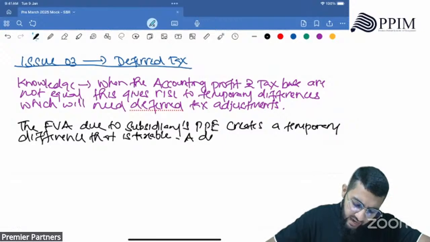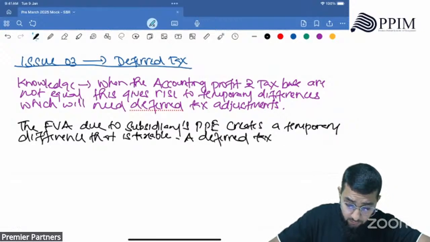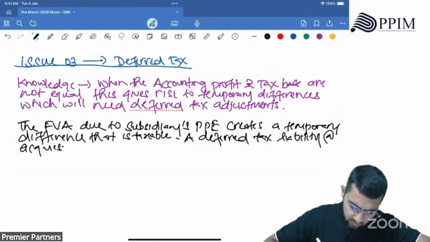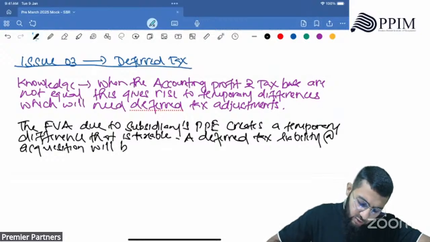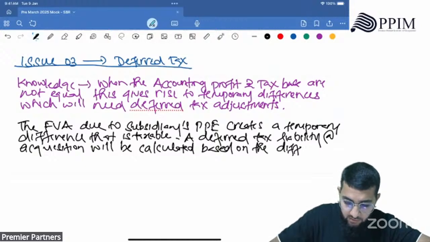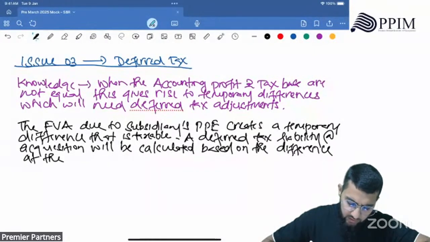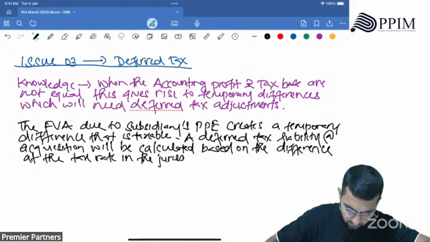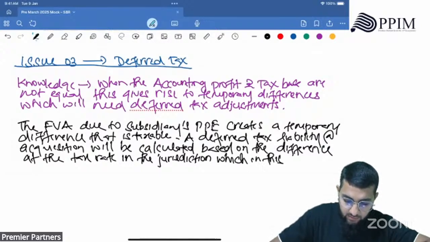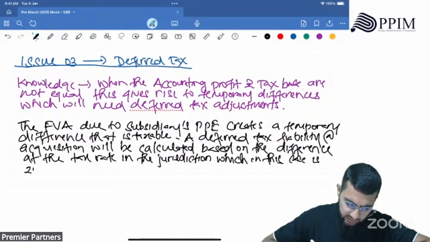A deferred tax liability at acquisition will be calculated based on the difference at the tax rate in the jurisdiction, which in this case is 20%.